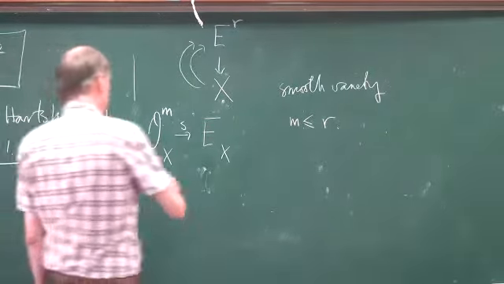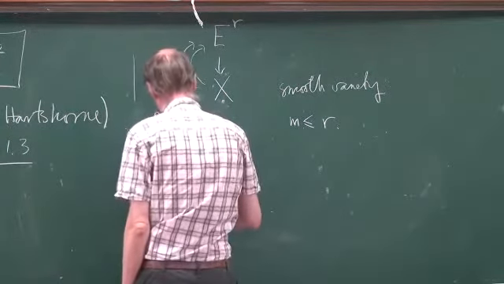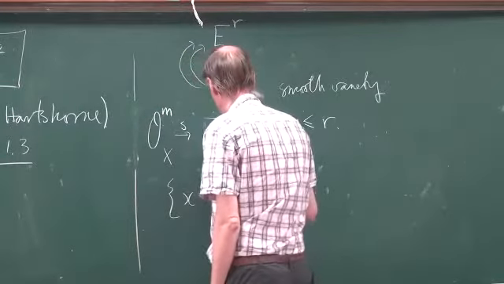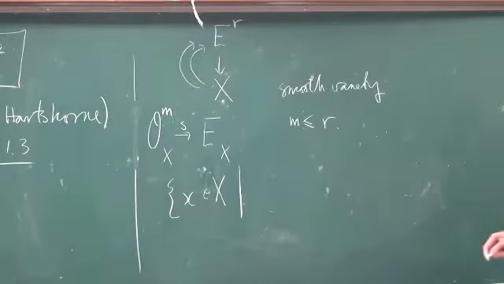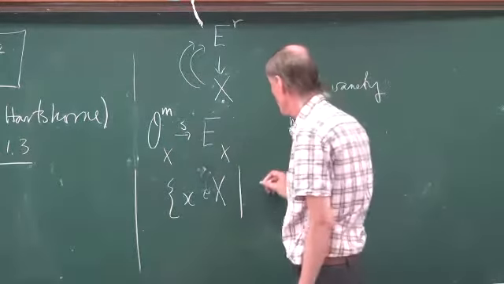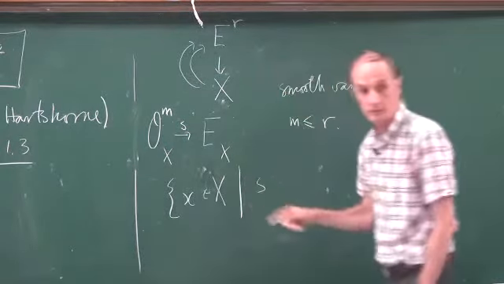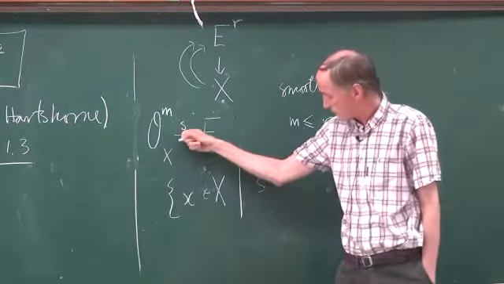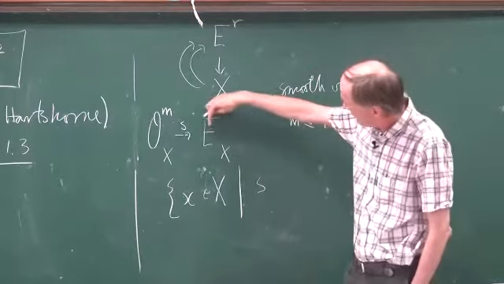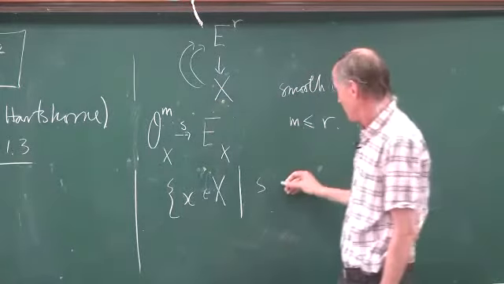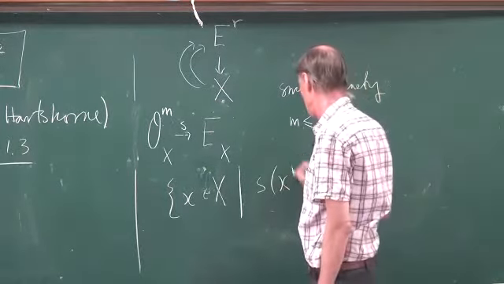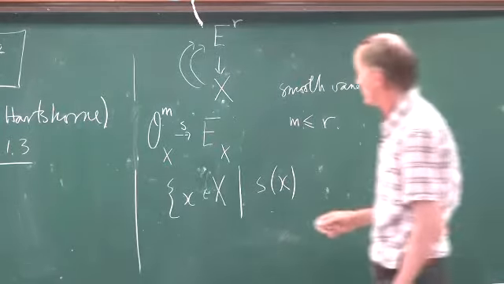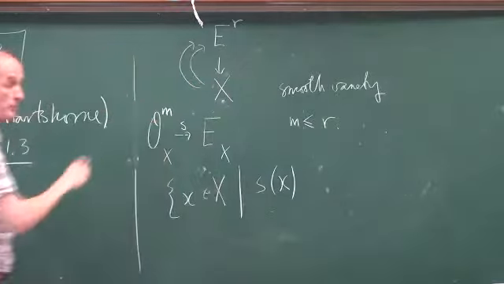Then you can look at the locus of points x in X such that this map gives you a subvector space of E, and this subvector space is going to have rank some number less than or equal to m.